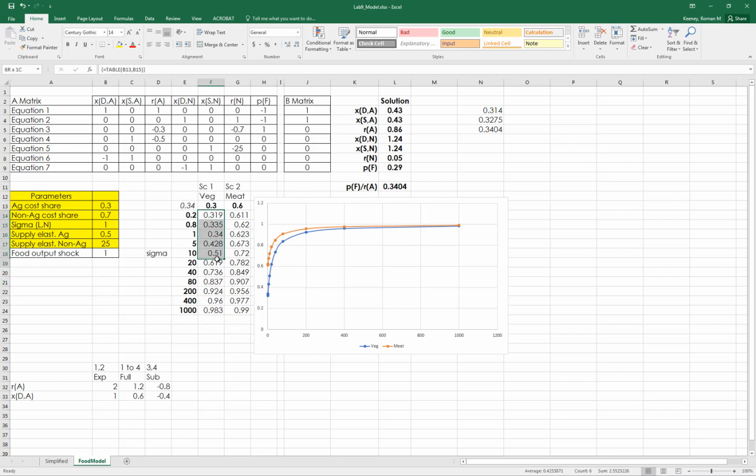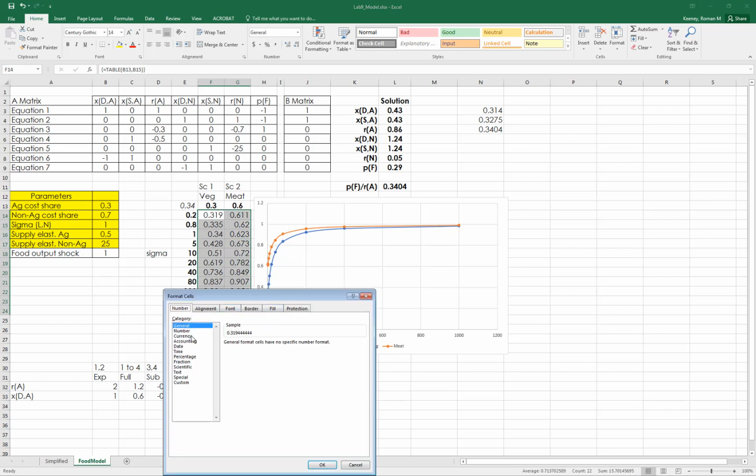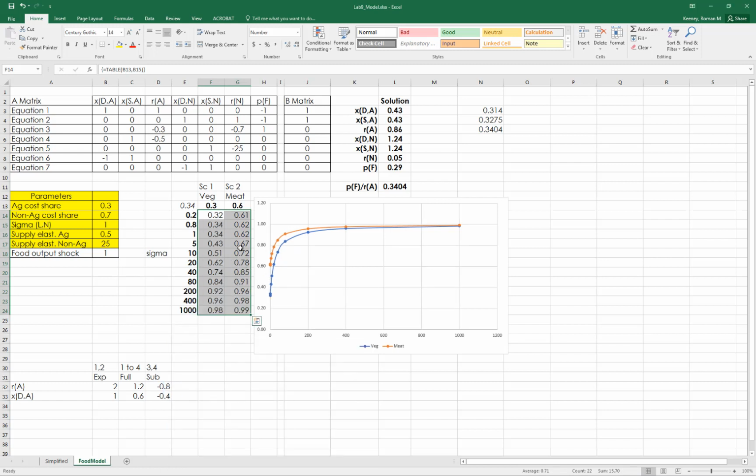As the substitution for whatever food good you're talking about goes up, given whatever the initial cost share, if you move down through these points that are being plotted here, then all of these numbers that are increasing going down this column say that the food price rises faster than the farm price.